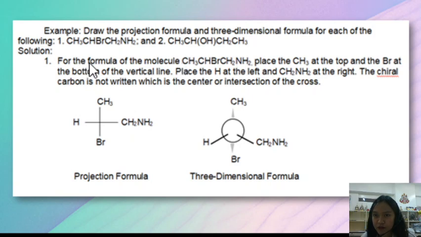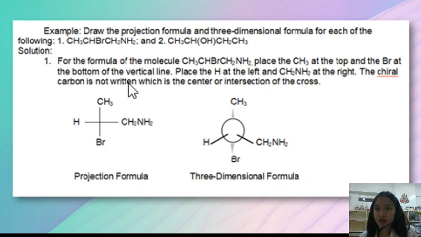Okay. For the formula of the molecule, so yung sample number 1 natin, you place the methyl group at the top and the Br at the bottom of the vertical line. Place the hydrogen at the left and the H2 at the right.